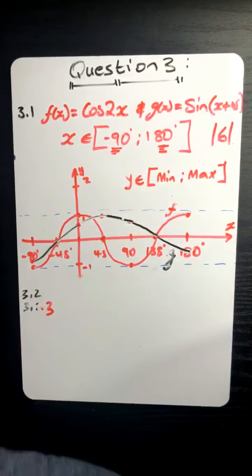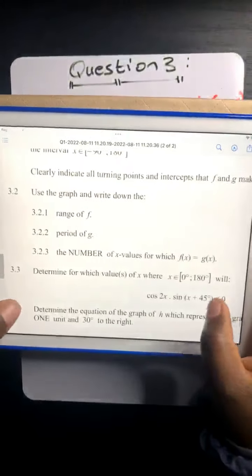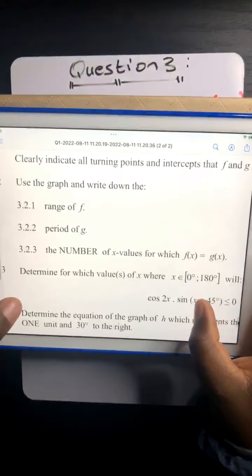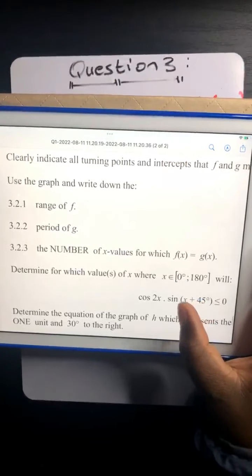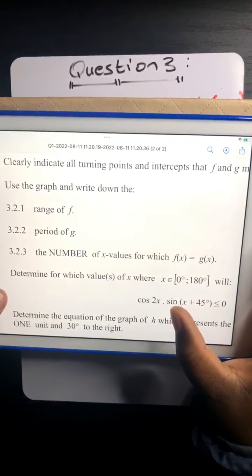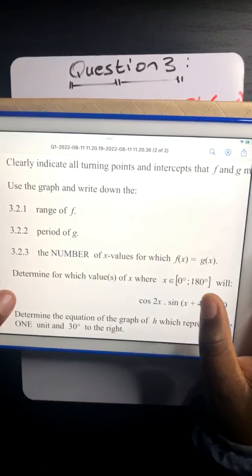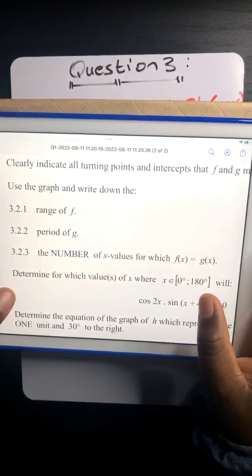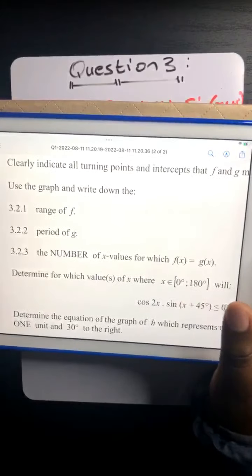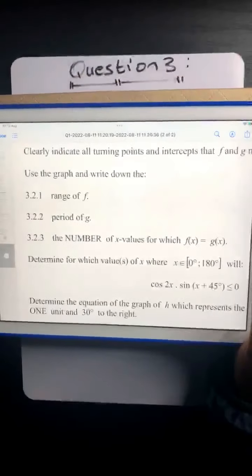Okay, let me bring it back. Here is the question. They say use the graph and write down the following: the number of x values for which f of x is equal to g of x. The question is repeated.